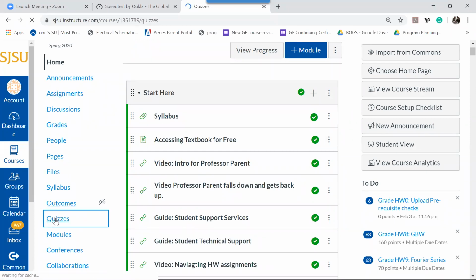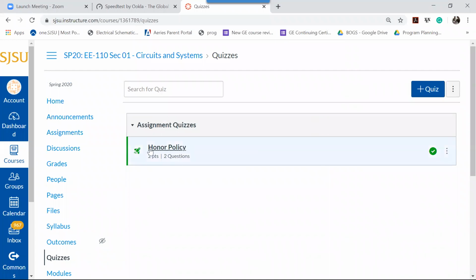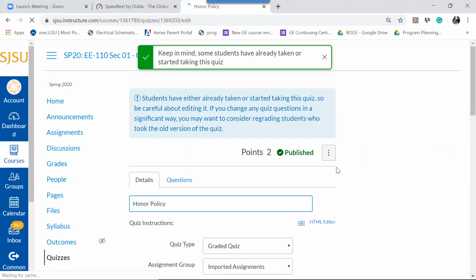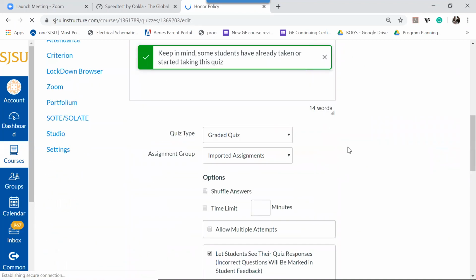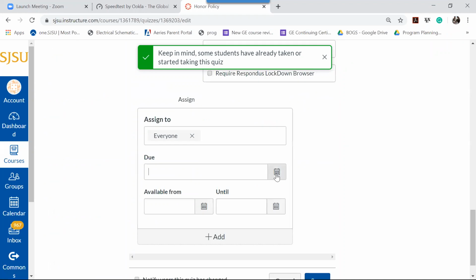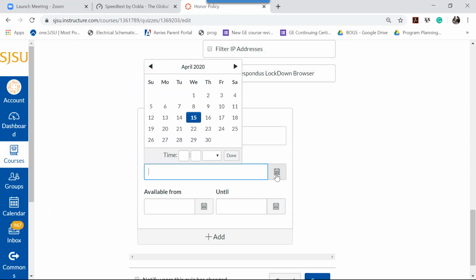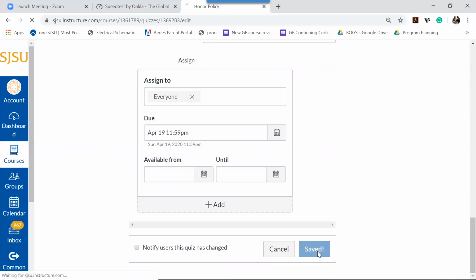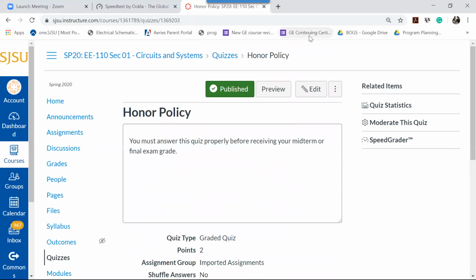Maybe I didn't give it a due date, and that's why it didn't pop up. Yeah, that's the problem. So now it's due. All right. It should now pop up on your calendars.